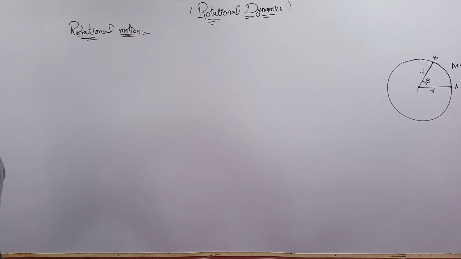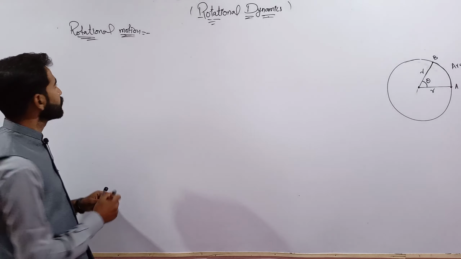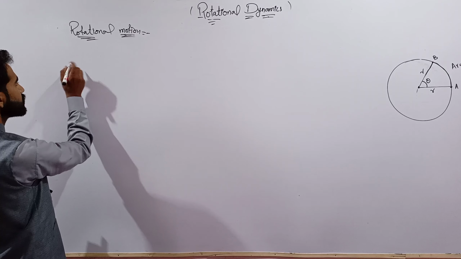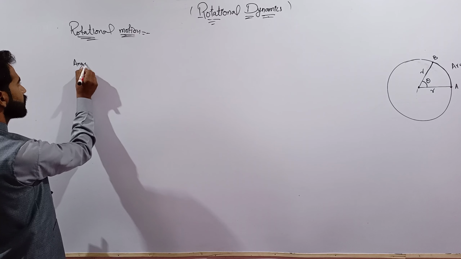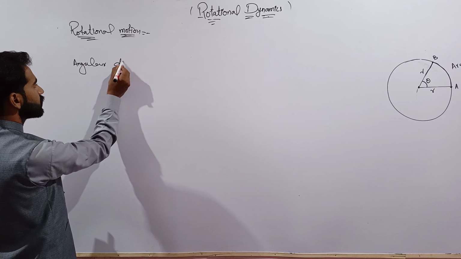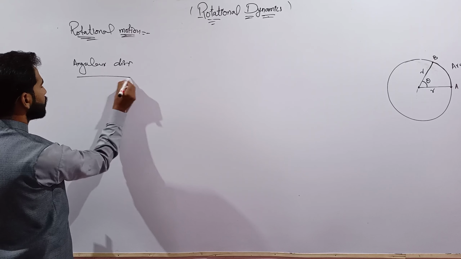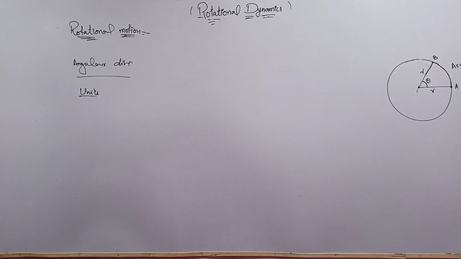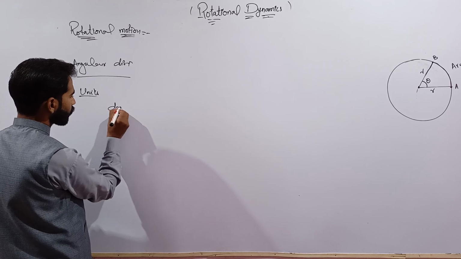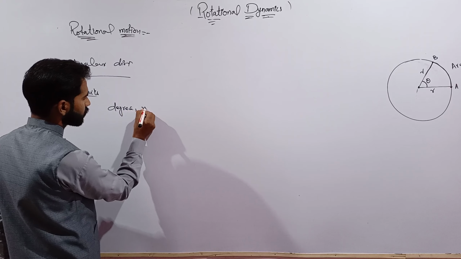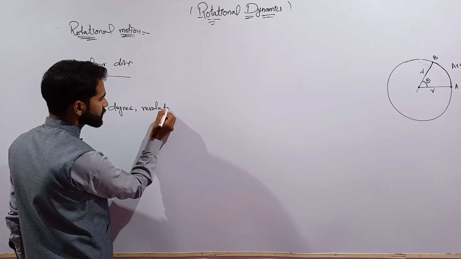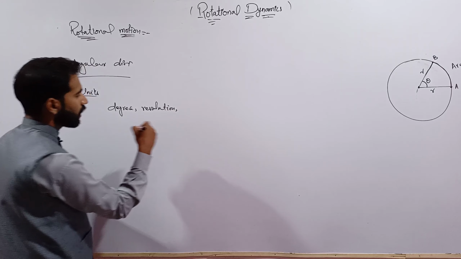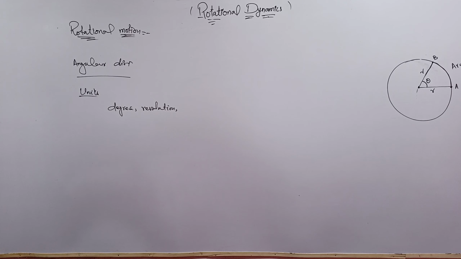Now we discuss the units of angular displacement. The units of angular displacement are degree, revolutions, or radian.